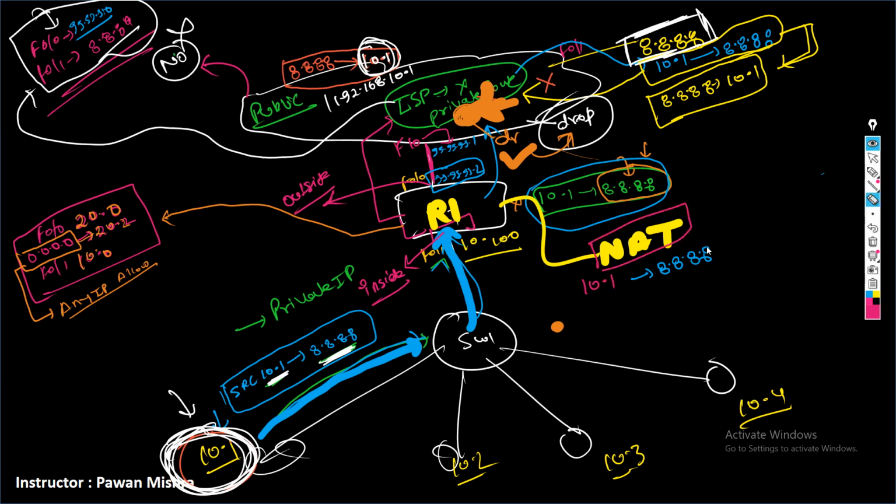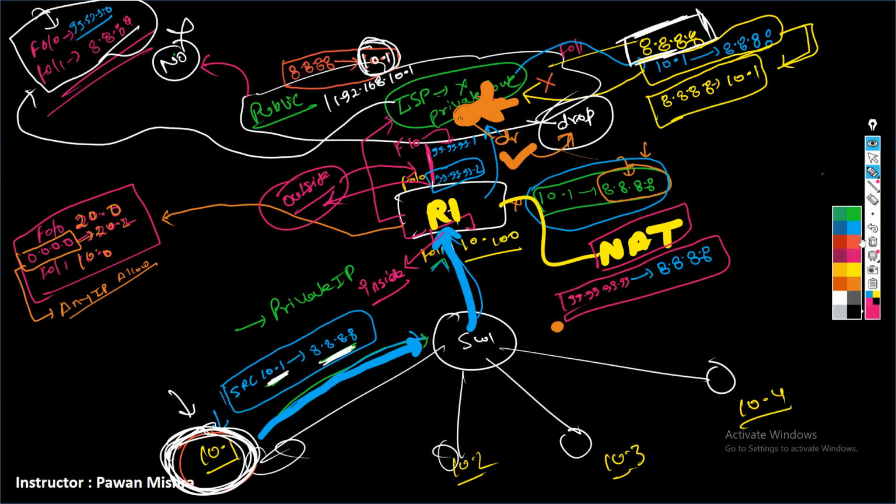this R1 router will remove the source IP and use whatever IP address we have at the outside interface. What is the IP right now at the outside interface? That is 99.99.99.2. It will put that IP as the source IP, 99.99.99.2, right? And now this router will forward this packet to the ISP, right? And now the ISP will forward this packet to 8.8.8.8.